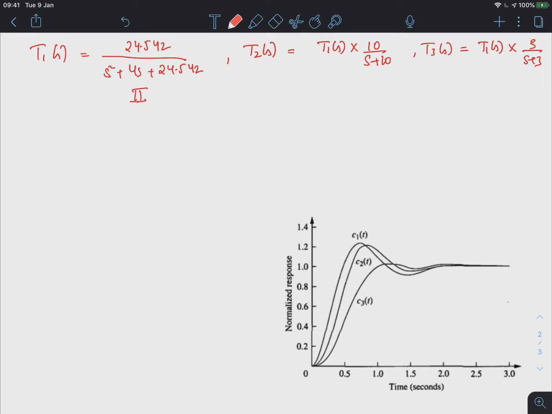Okay, so T1 is a pure second order system. Here we have an additional pole at minus 10, and here an additional pole at minus 3. So we'll see two different responses with respect to the second order system.